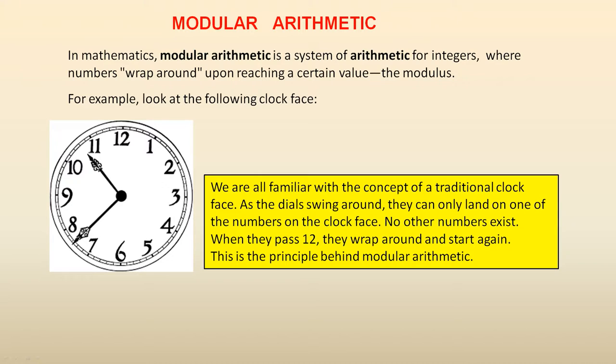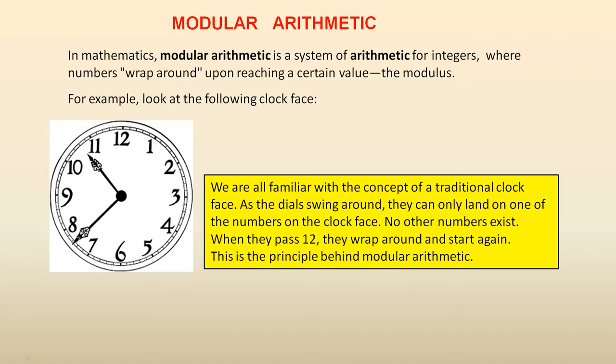Modular arithmetic. In mathematics, modular arithmetic is a system of arithmetic for integers, where numbers wrap around upon reaching a certain value, the modulus. For example, look at the following clock face.